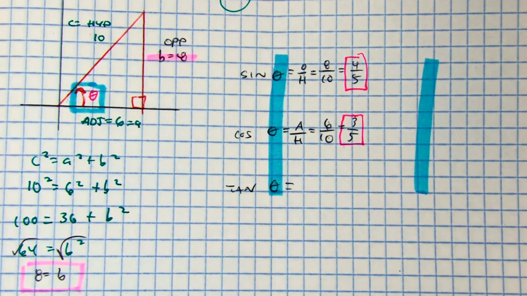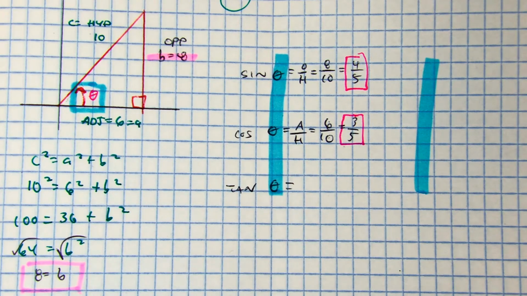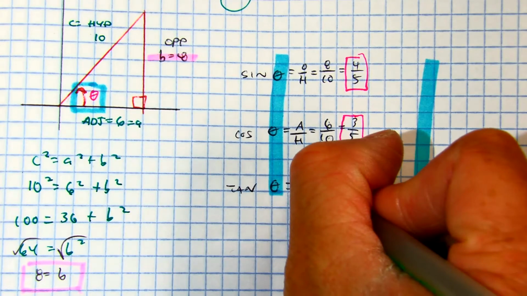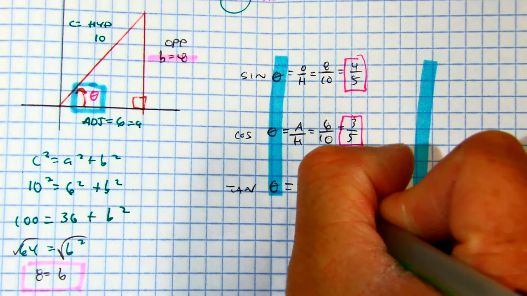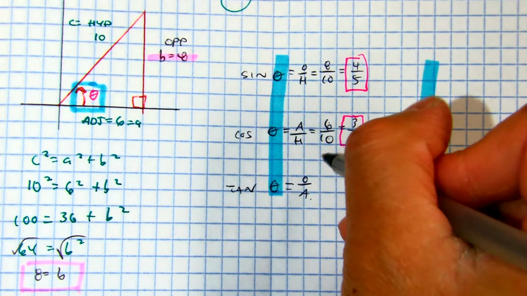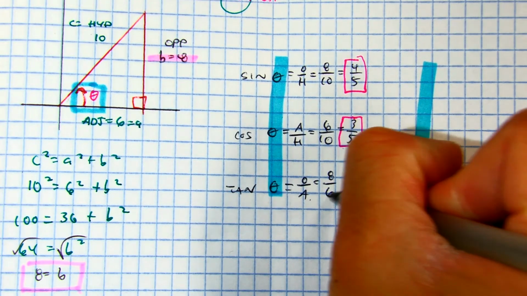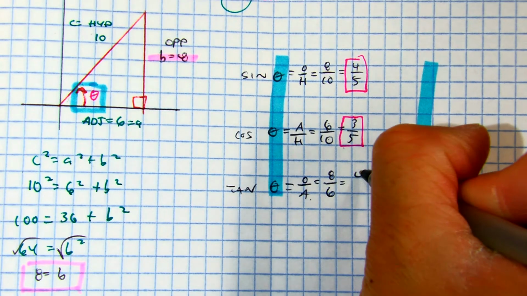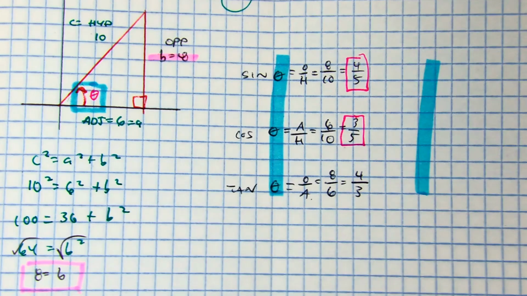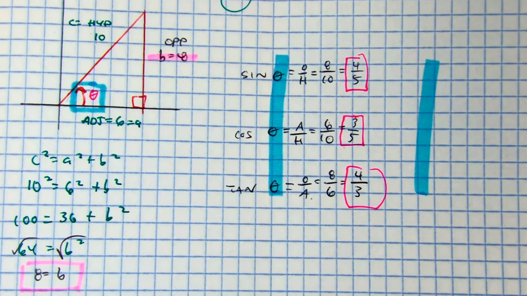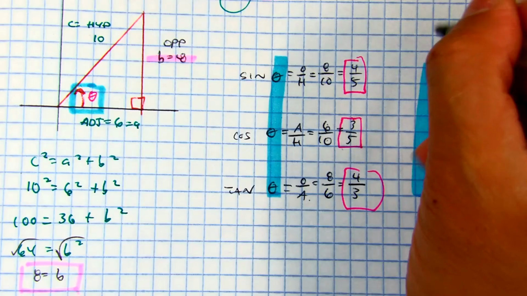Anthony? Yep. Right from right here. Keep going. That's 8 over 6. Yes. Let's say 4 over 3. Yep. Fabio? Let's do our secant. Yeah.